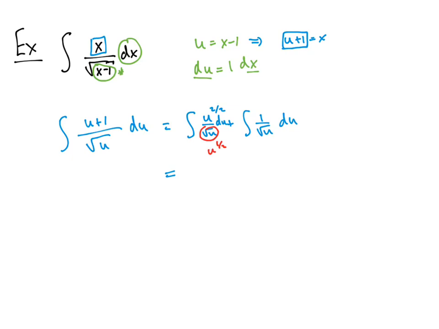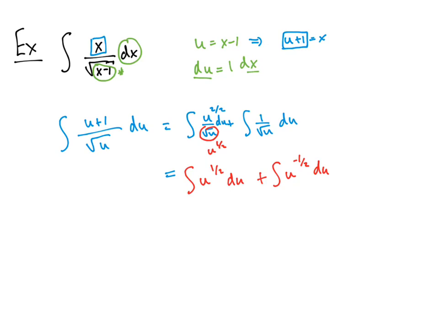So I have u to the 2 over 2 divided by u to the 1/2. That'll come out to be the integral of u to the positive 1/2 here in the numerator. Right, just subtract those exponents. And then that's du plus the integral of u to the negative 1/2 du, like this.